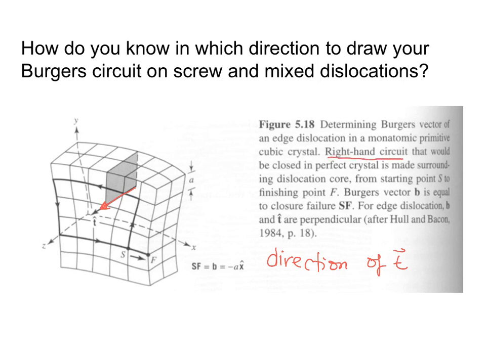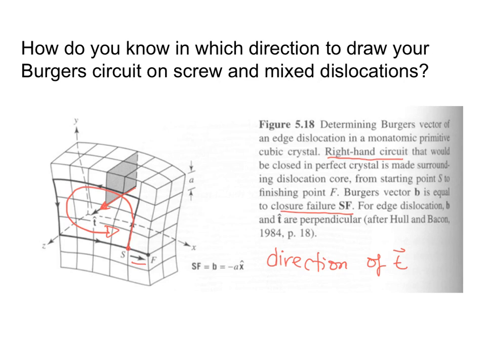So if our thumb is pointing in the direction of the dislocation line, then from the starting point that we've chosen, we move around in this sort of right-handed fashion for the circuit. And then we define the Burgers vector as the closure failure from start to finish. So that gives us this little arrow here, which is the direction of the Burgers vector.